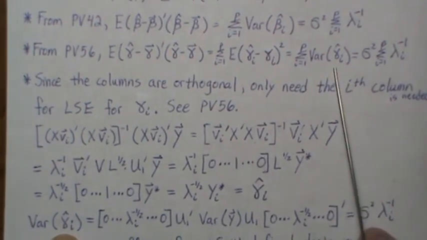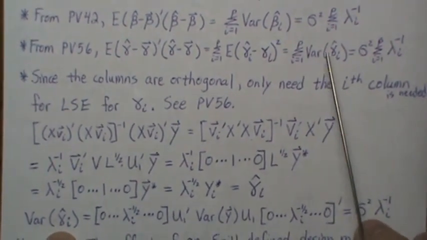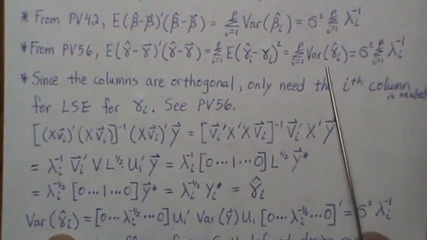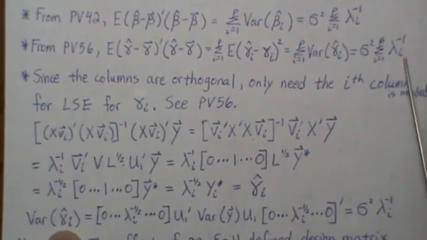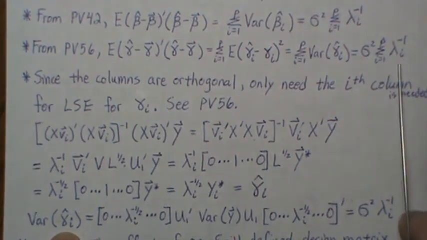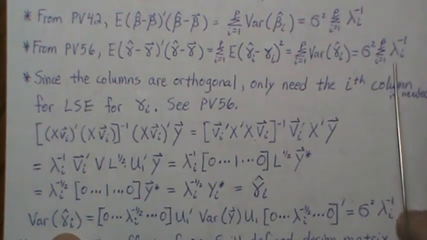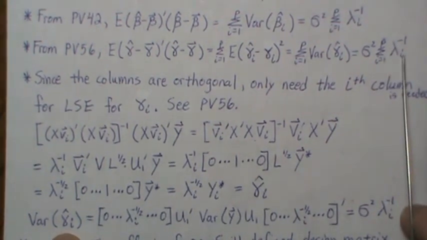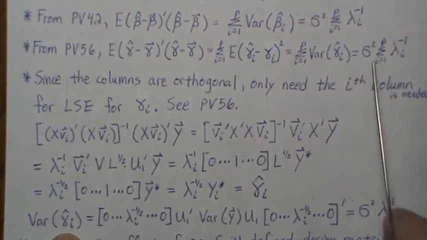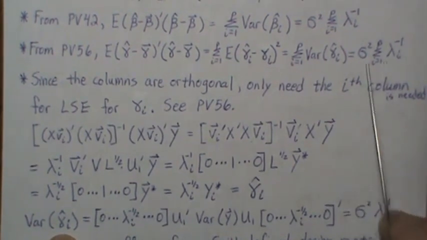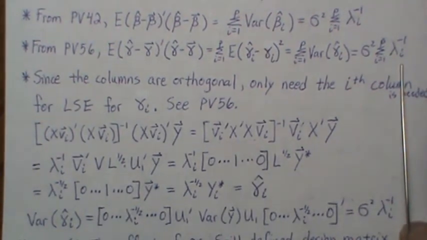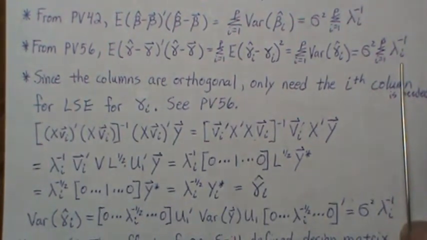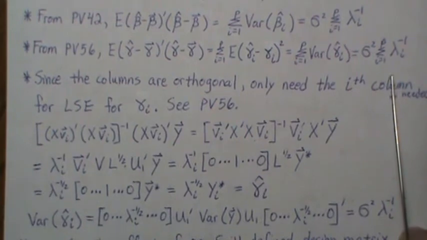So each column is associated with each one of these. So maybe if we eliminated the columns that had a really small eigenvalue associated with them, and got rid of them, then this sum of the variances decreases substantially. And actually that's part of the idea of principal components.